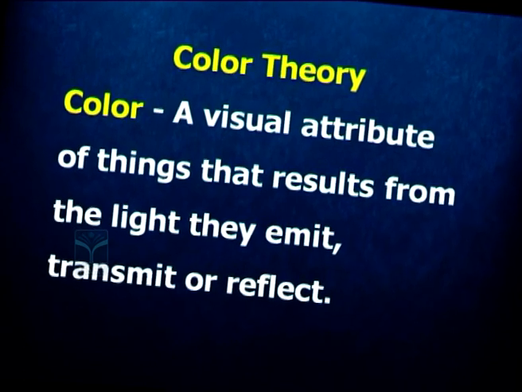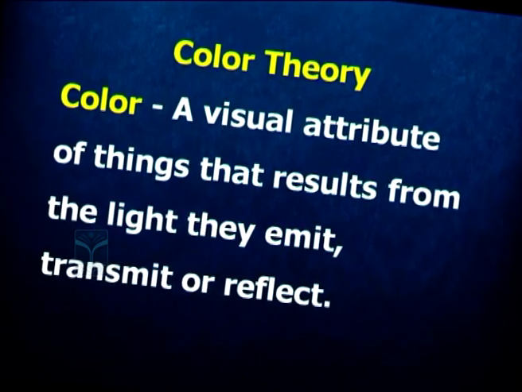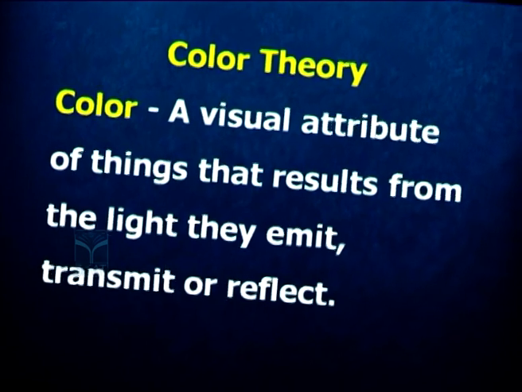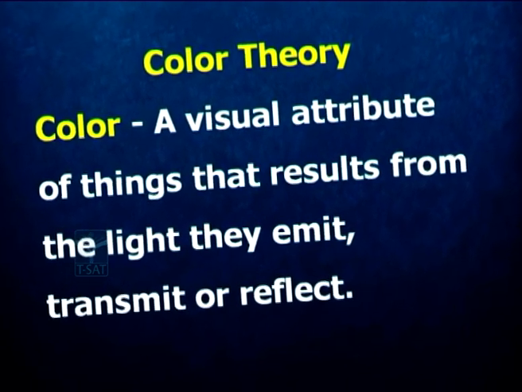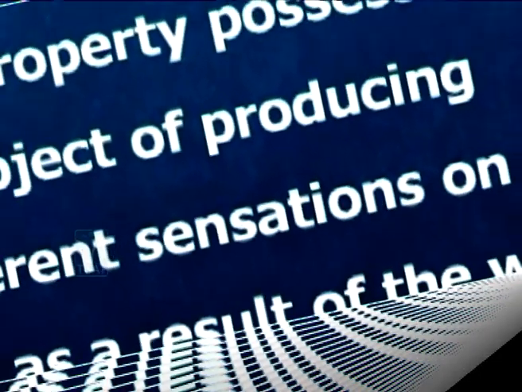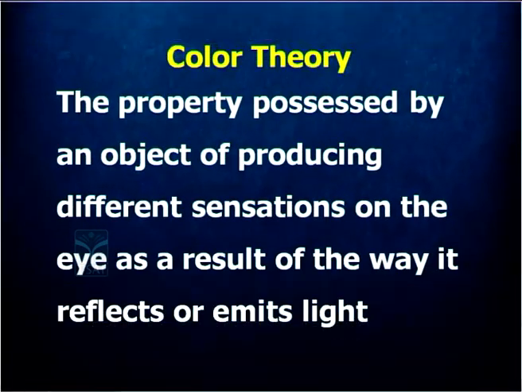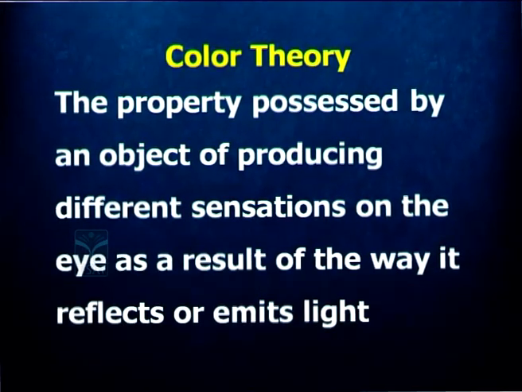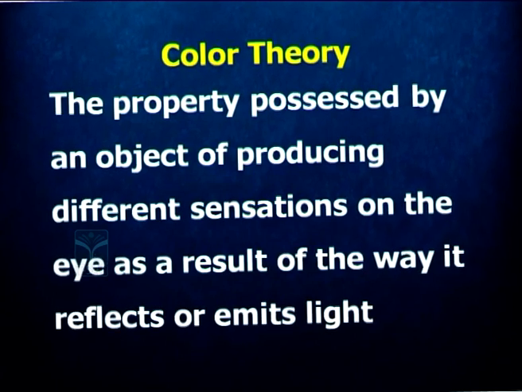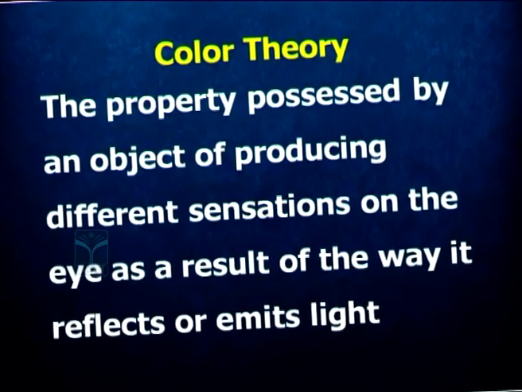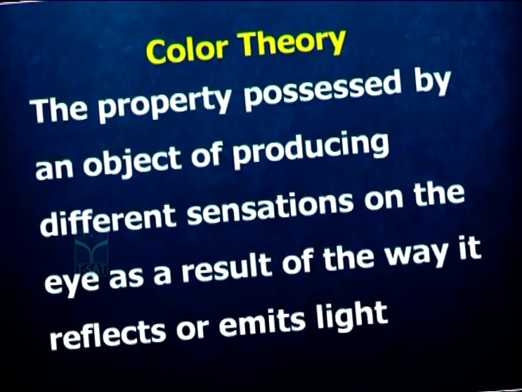Color is a visual attribute of things that results from the light they emit, transmit or reflect, right? The property possessed by an object of producing different sensations on the eye as a result of the way it reflects or emits light. So what does it mean?